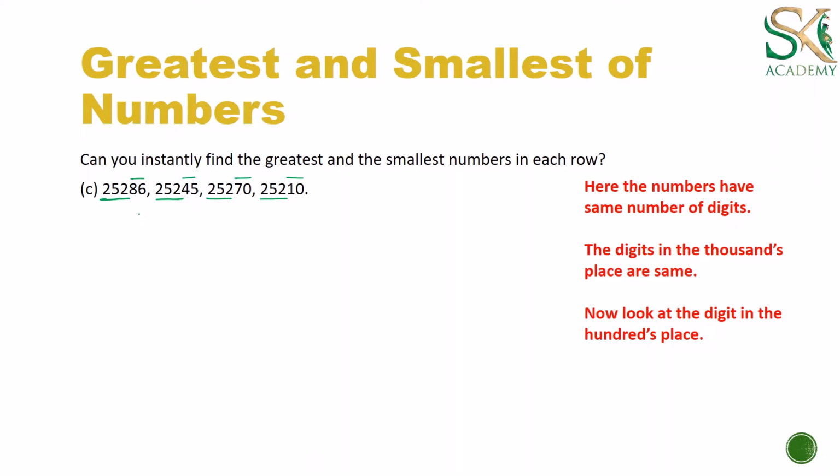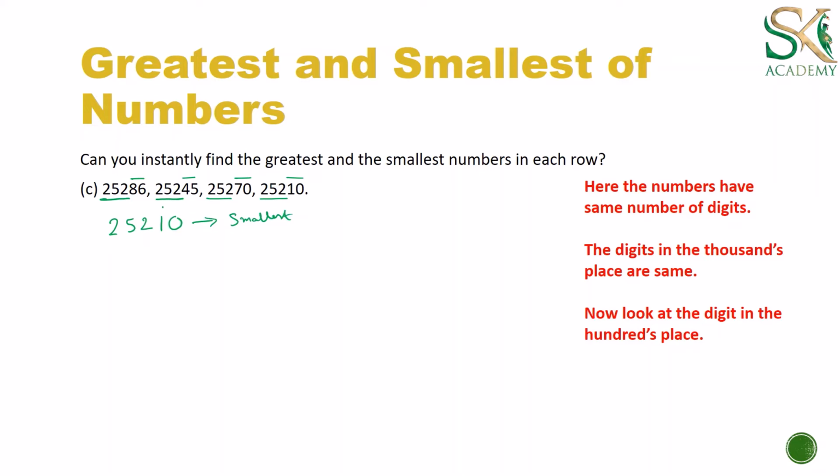So 8, 4, 7, 1. Out of these, you see 2, 5, 2, 1, 0. This is your smallest number.